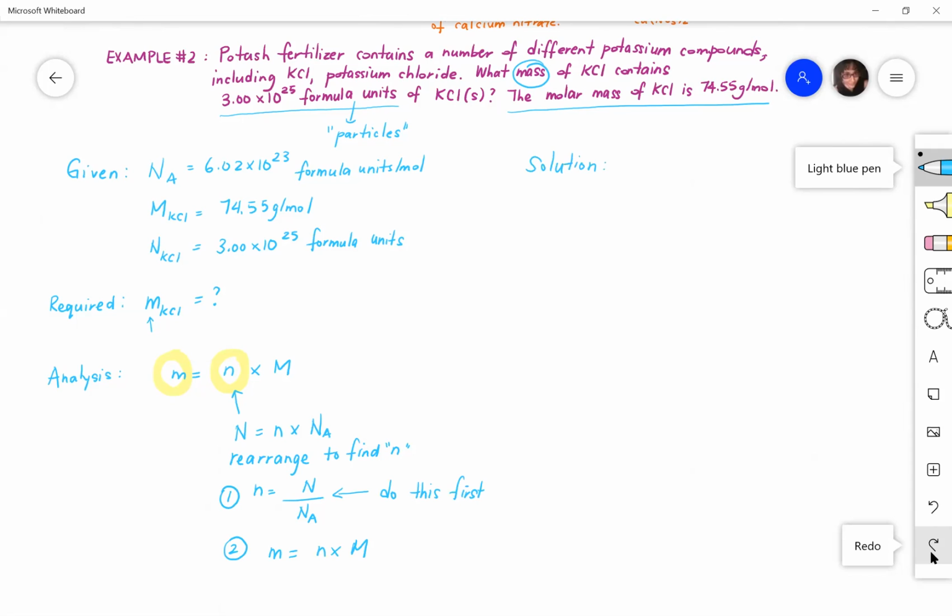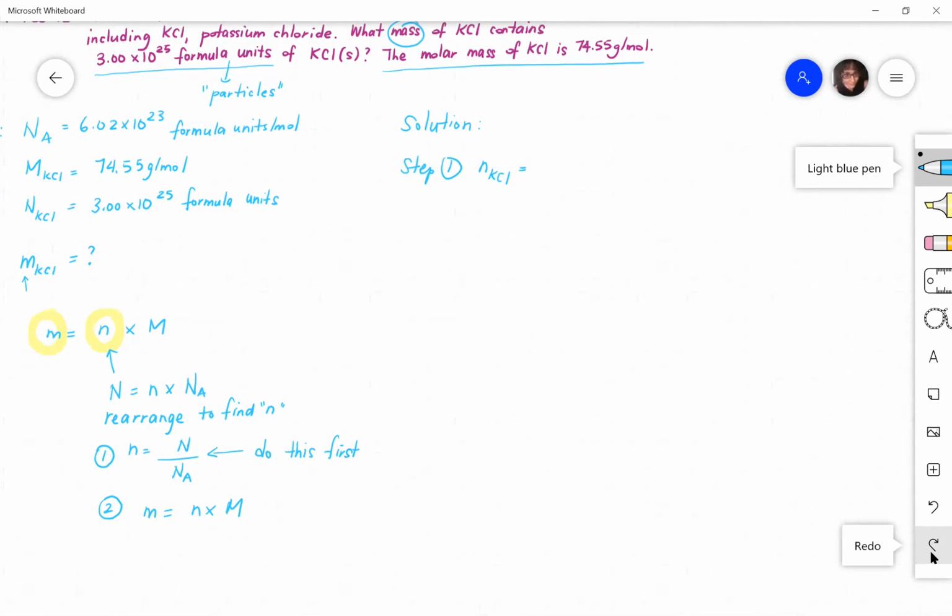So step 1, we're going to solve for N of KCl. So how do we find N? Remember, you have your formula units. Plug that in.